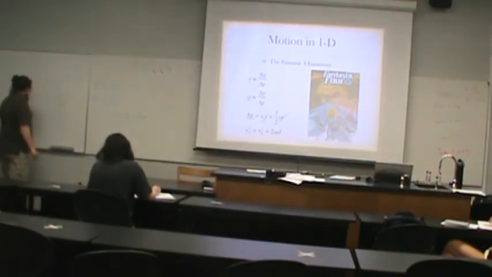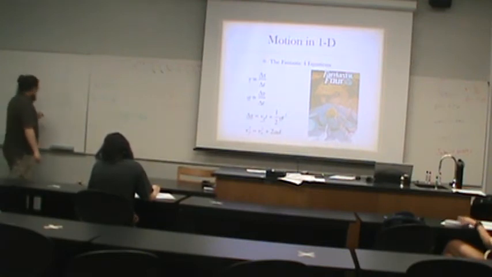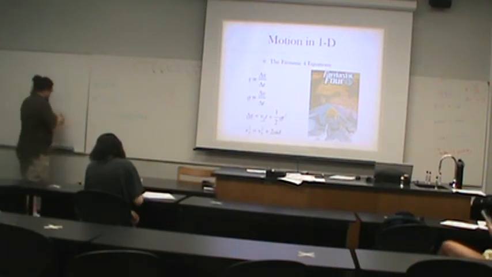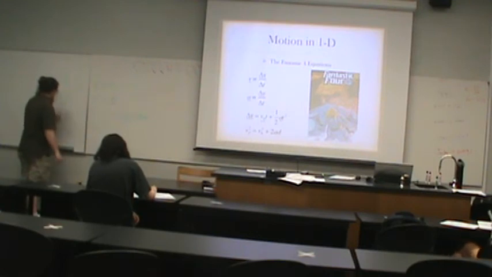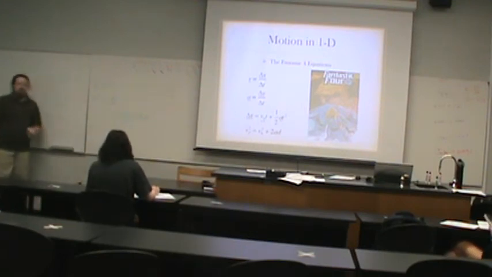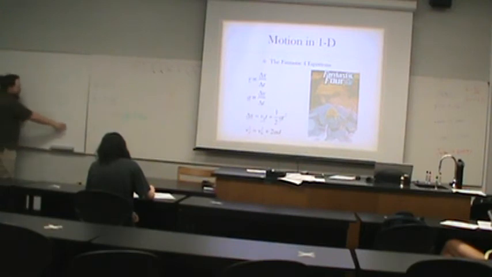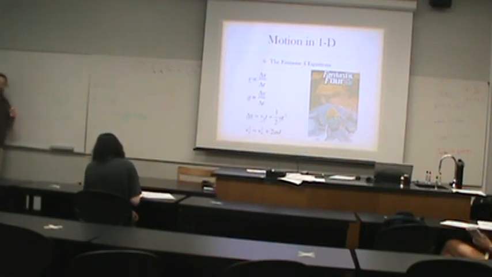We have delta x, which is to say how far we traveled, equals velocity initial times the time we are traveling, plus 1/2 times the acceleration times the time we are traveling squared. This is the same t for both of these. However long the experiment happens, it's the same time for both of those variables.